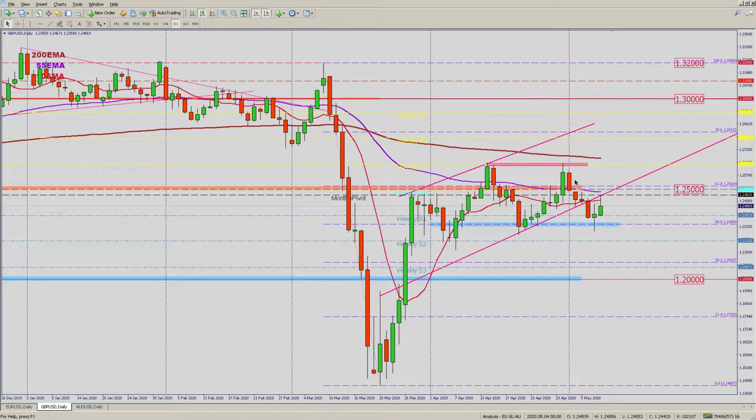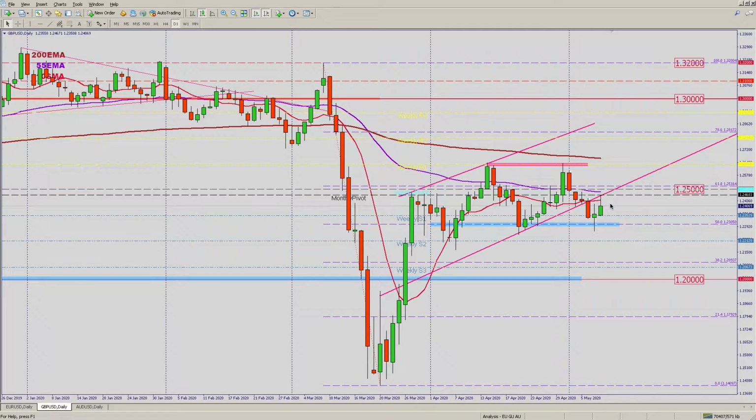And the cable as well dipped down lower and managed to find support at the 50% fib level that we identified, and then picked up on the Friday against the US dollar, against the poor non-farm payroll data. 125 is going to be a key resistance level.